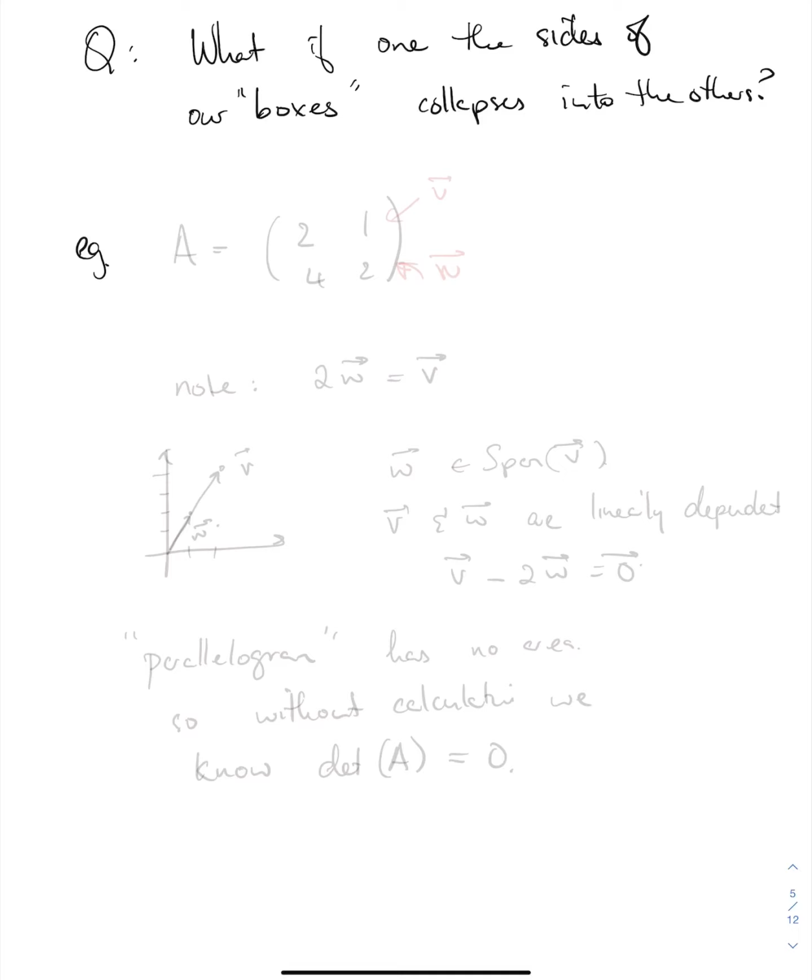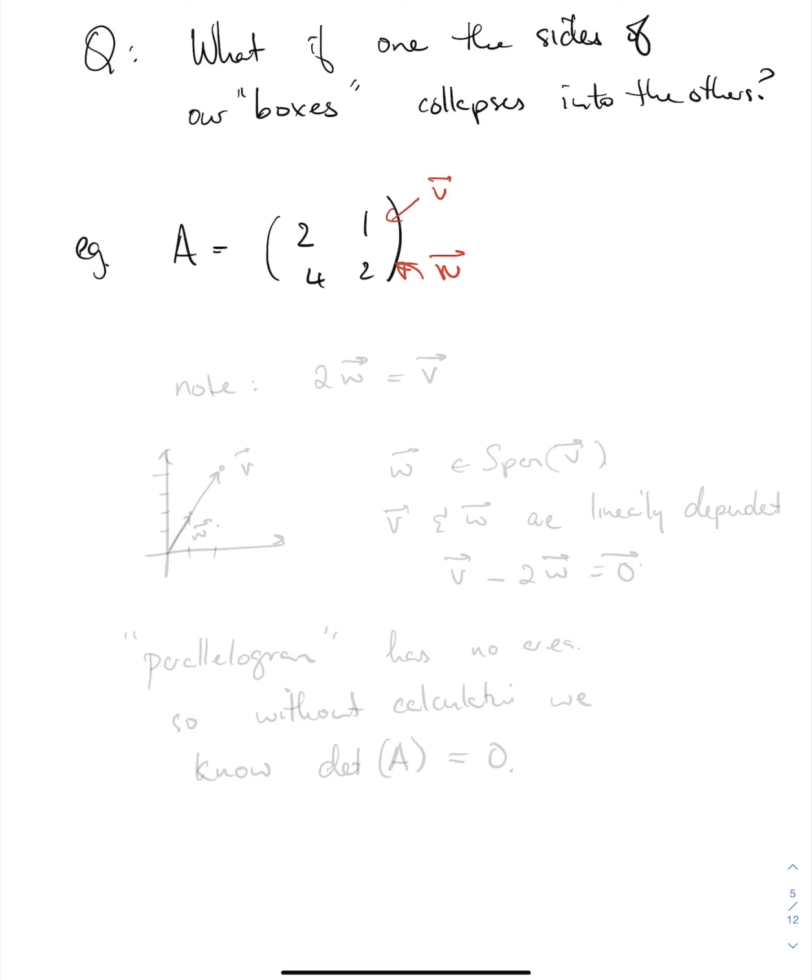For example, say A is 2, 1, 4, 2. This is, of course, a matrix. I want you to start thinking about it in terms of the rows. We've got the vector 2, 1 and the vector 4, 2.